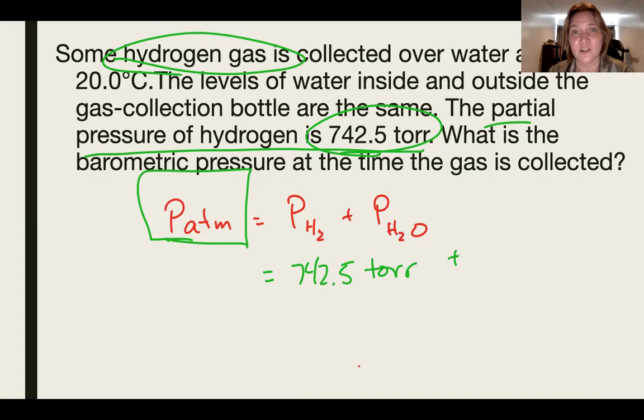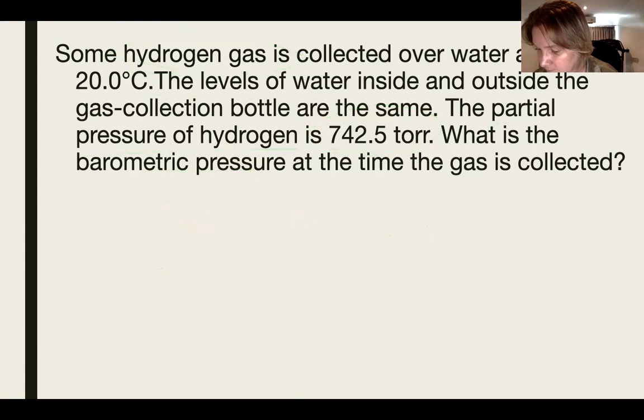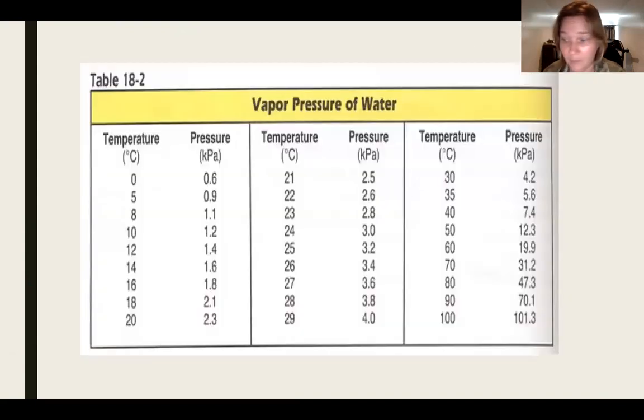Now I have to go back to the vapor pressure of water table and find out what the vapor pressure of water at 20 degrees C is. Let's go back here. 20 degrees C is 2.3 kPa. Remember that, 2.3.